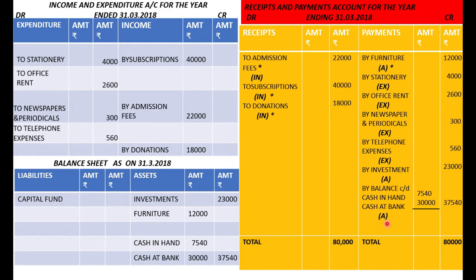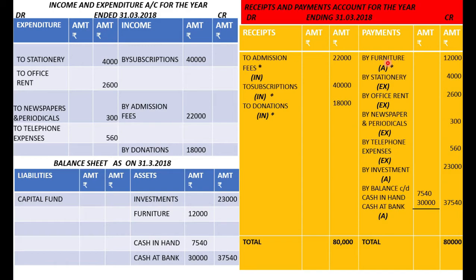Both are assets, so they are recorded in the asset side of the balance sheet. Cash in hand 7,540, cash at bank 30,000, total 37,540. With this, we are done with the ledger balances postings.